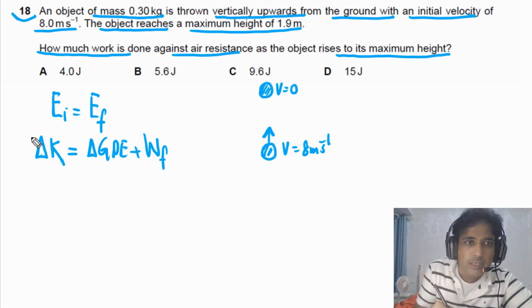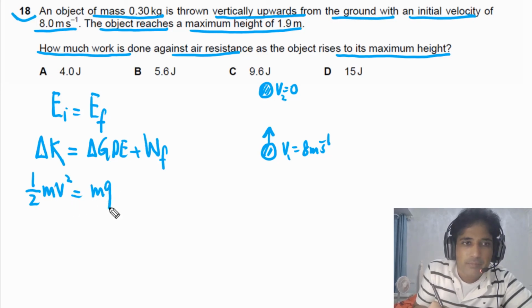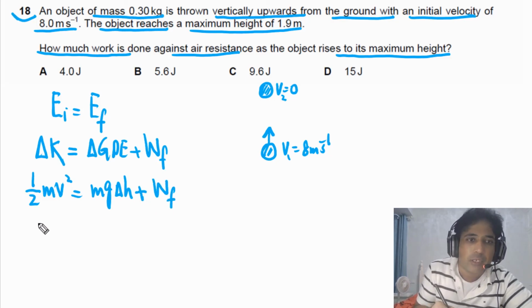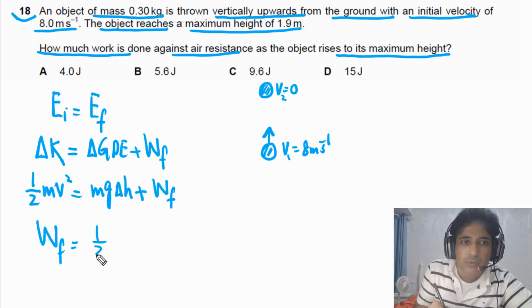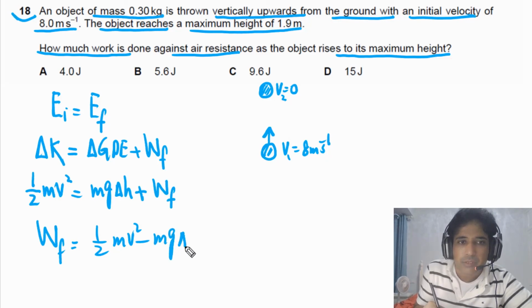Now in this case, change in kinetic energy is equal to 1/2 mv square, and this one has to be equal to mg delta h plus work done against friction. This is what we need to find out. We can rearrange this one. We can say work done against friction is equal to 1/2 mv square minus mg delta h.